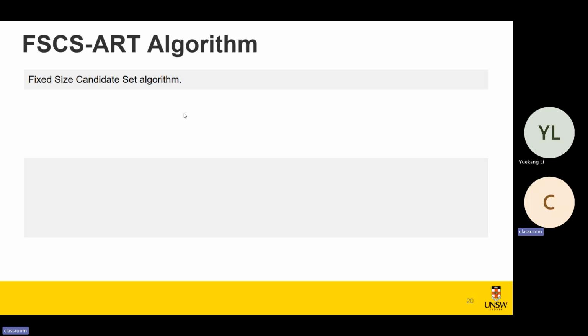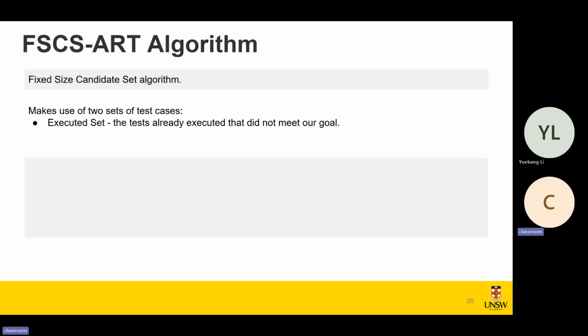So this algorithm here is called the fixed size candidate set algorithm, or fixed size candidate set adaptive random testing. This is the full name. It actually makes use of two sets of test cases. The first one is the executed set.